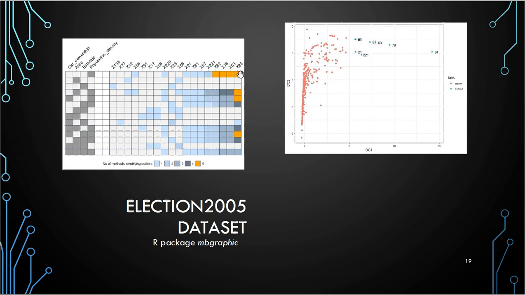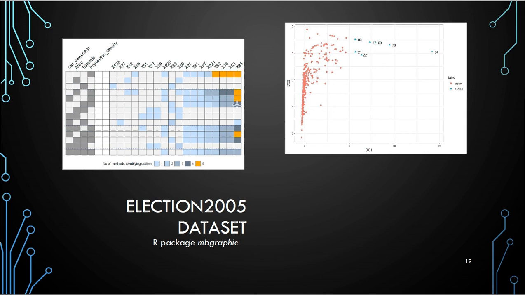For example, when you just consider population density, x84 is identified as an outlier. x84 is identified as an outlier when you consider area and population density, and that's also done by 5 outlier methods.